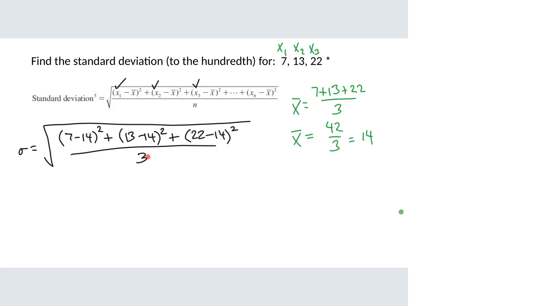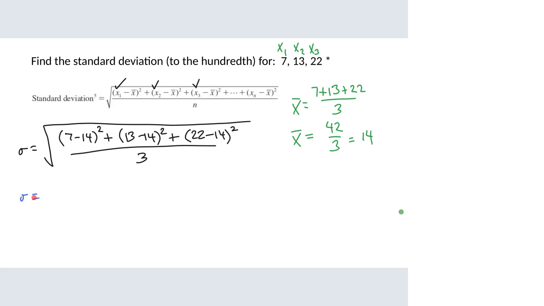Not every data set will have 3. You might see 3, you might see 4. I don't think you would see 5, and nothing bigger than 5. That would be overkill as far as how many data points to plug in.